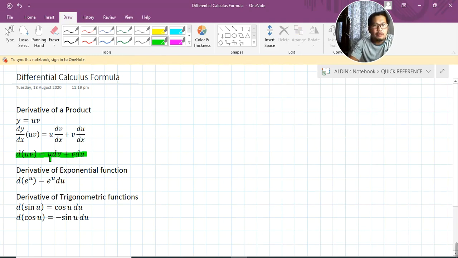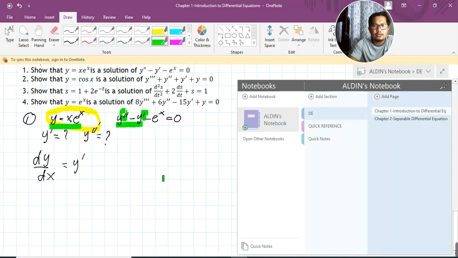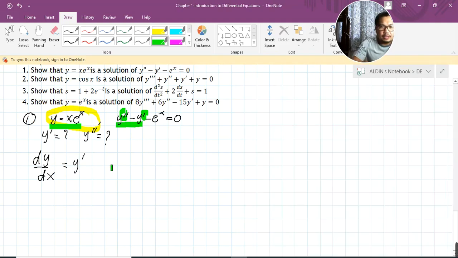Or the first term multiplied by the derivative of the second term plus the second term multiplied by the derivative of the first term. Okay? So, malinaw yan, ano? Balik ako dun sa solution natin. So, here, ang gagamitin natin is the derivative of a product. So, kailangan natin hanapin yung derivative of a product. So, isulat ko dito.